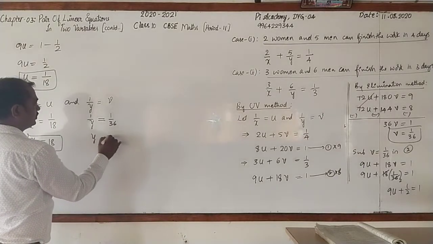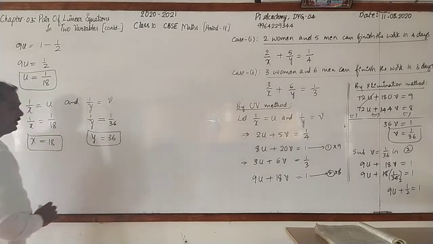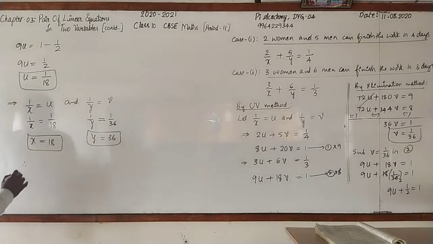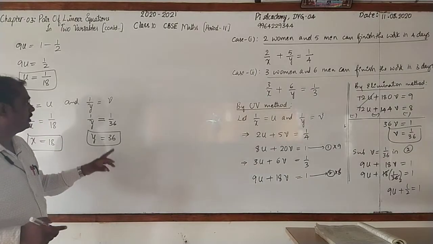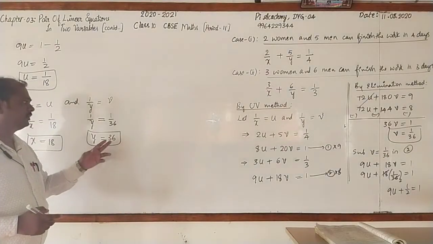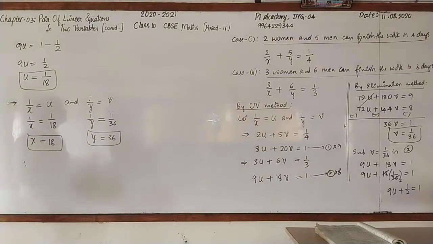So Y is equal to 36. Clear? Hence we can write, one woman will take just 18 days to finish the embroidery work, whereas one man alone can finish the same work in 36 days.